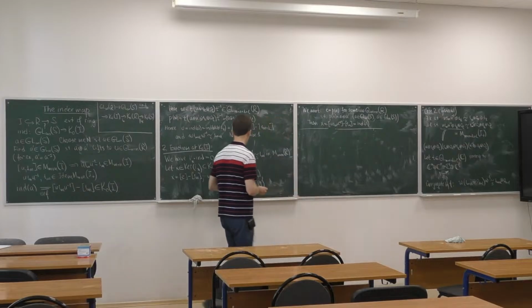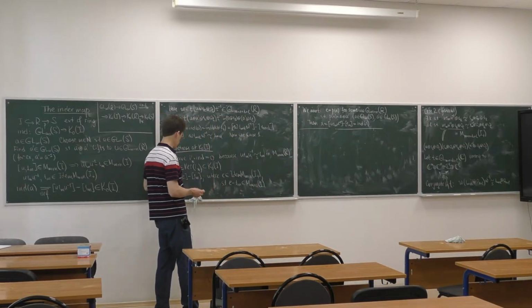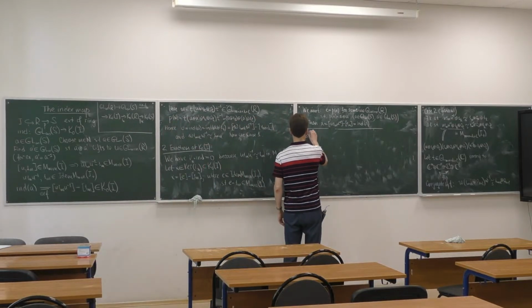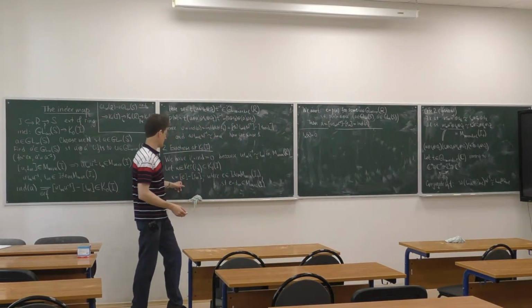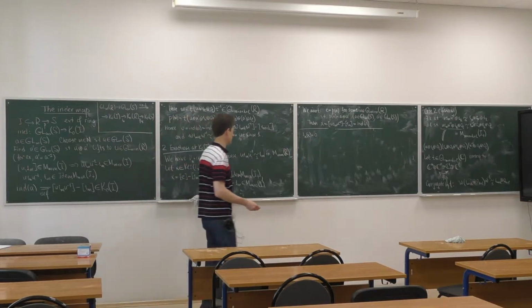How can we find such a matrix U? First of all, X is in the kernel of I star. I star of X is 0. In other words, these two idempotents are stably algebraically equivalent over R plus.